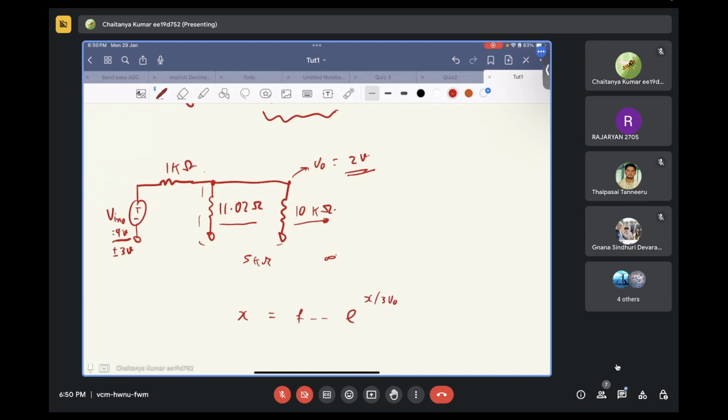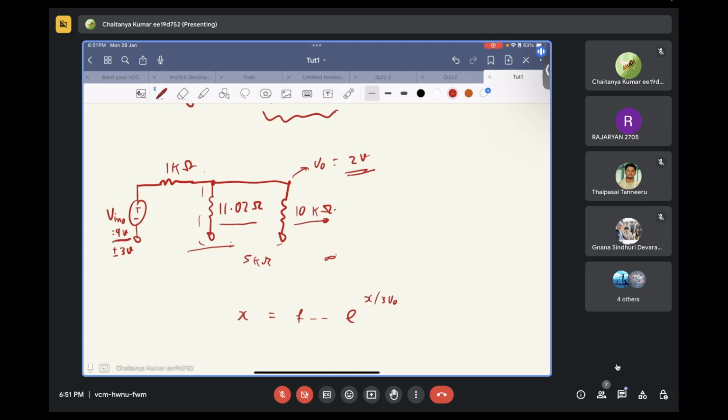Now this kind of equation, whatever you do, you cannot solve by hand. You will either have to use some numerical method or take help of MATLAB to solve this. But if you assume that the variation in x, that is the variation in input voltage, is small enough, and take the incremental resistance over here, in that case you can come to the answers quickly.